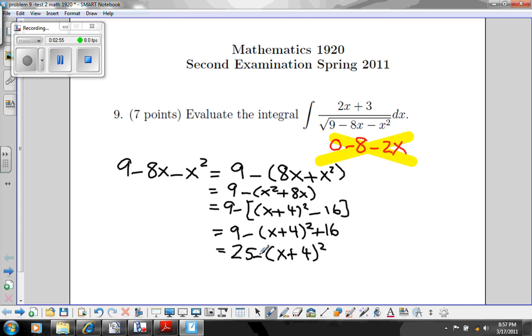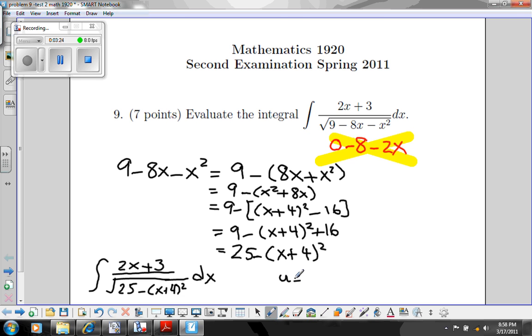All right, so let's go back over there and substitute this in. So we get the integral of 2x plus 3 over the square root of 25 minus x plus 4 squared dx. Okay, so now let's do a u substitution. What's under the square root is going to be our u.